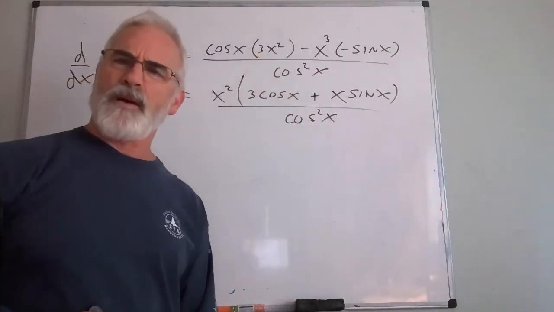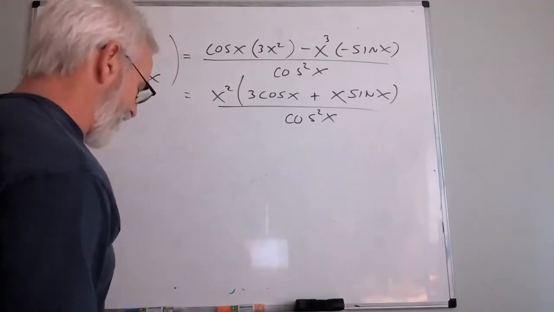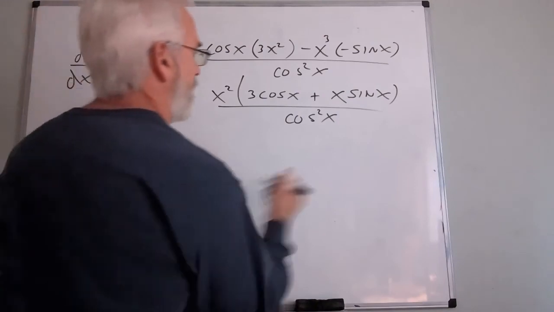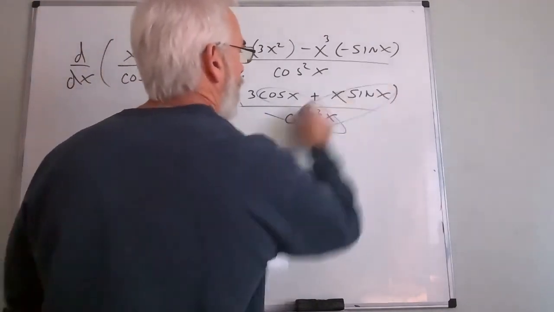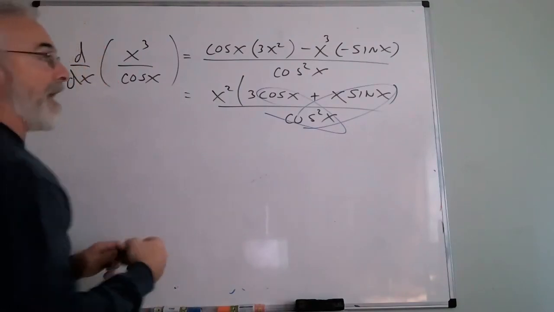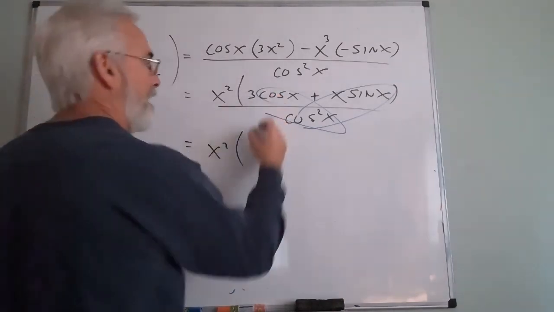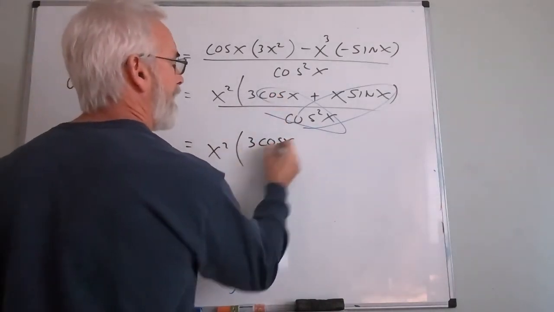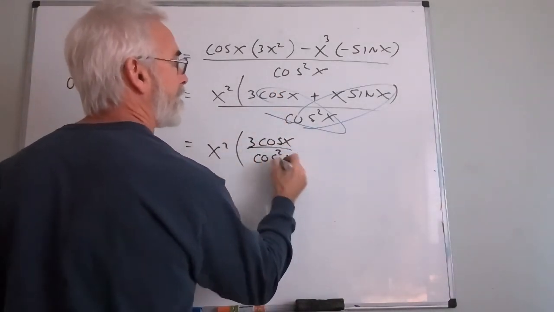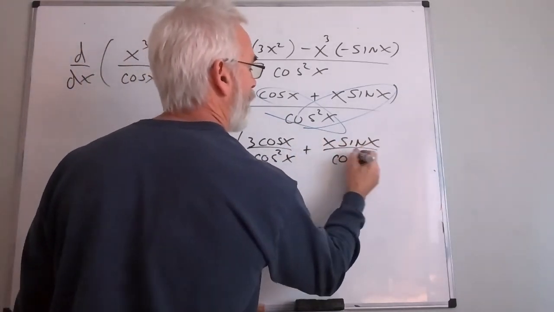Shouldn't that be on top? But if I try to multiply everything by secant squared, that might make it trickier. Instead, what if I put those together in that way? Oh, I can do that. I can break that up. So now I'd have x squared times what? Times 3 cos x over cos squared x plus x sine x over cos squared x.